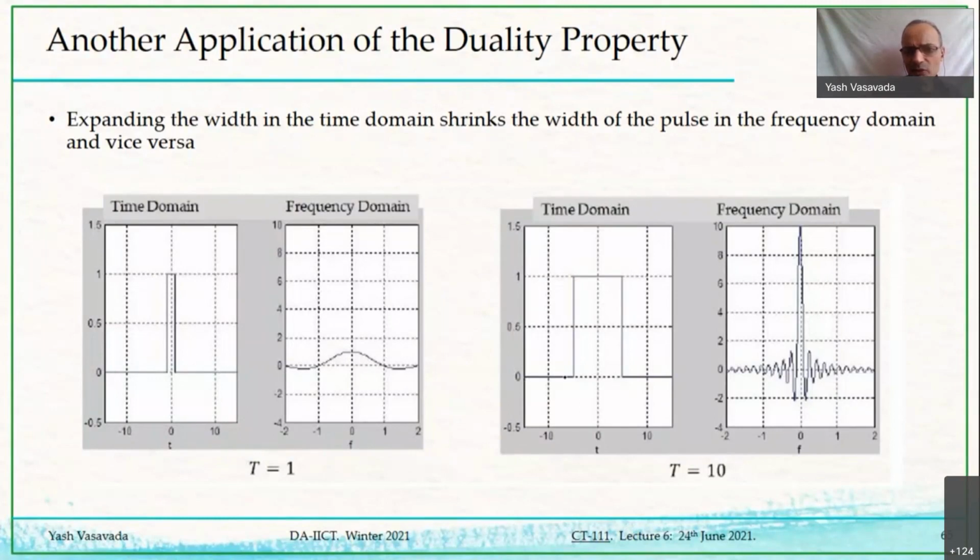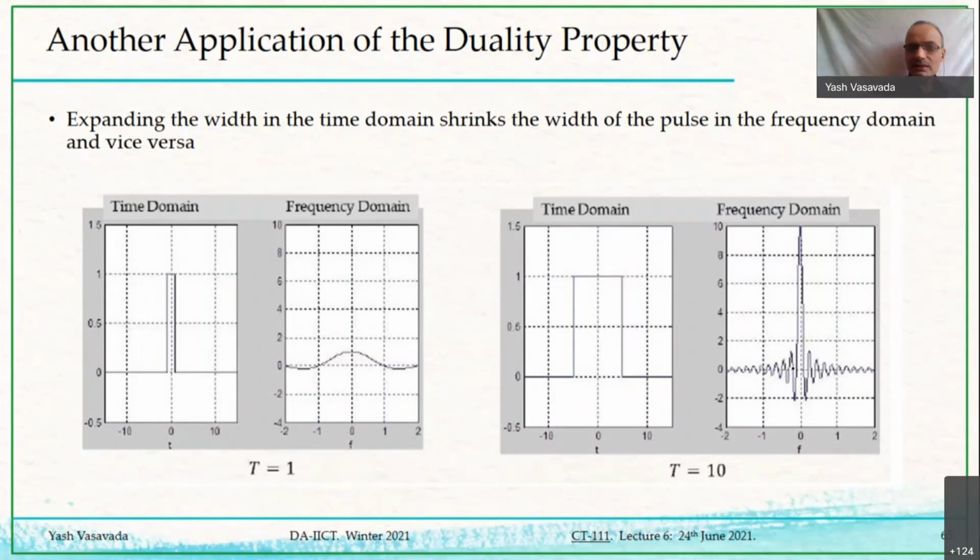If I make the time domain rectangle bigger, so I made it 10 times wider, then in frequency domain, the pulse shrinks. Where it was crossing 0 at plus minus 1, now it will cross at plus minus 0.1, the inverse of this t.